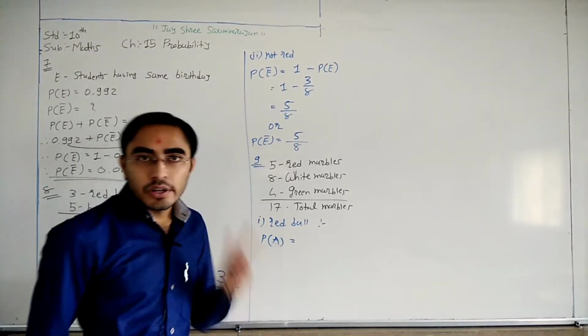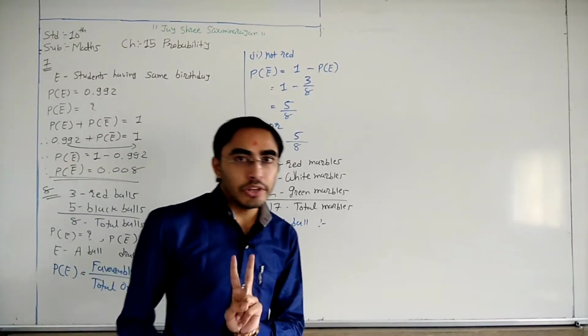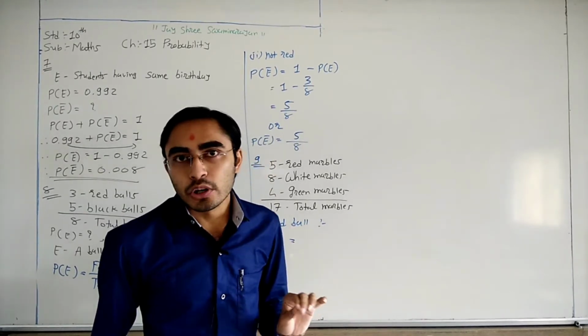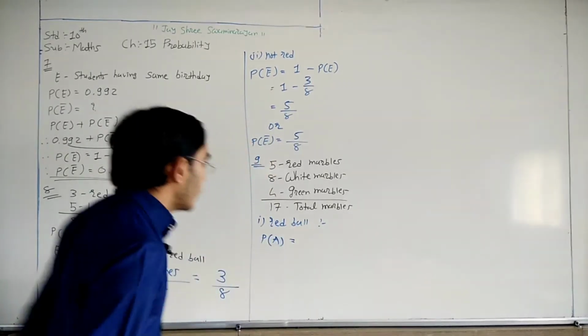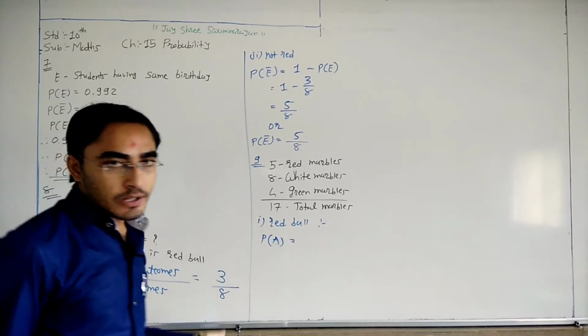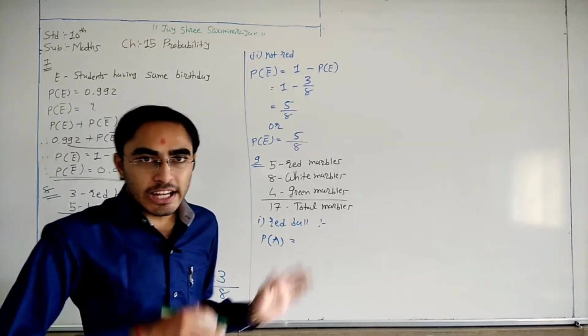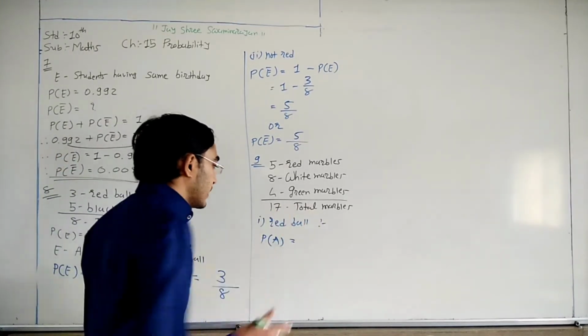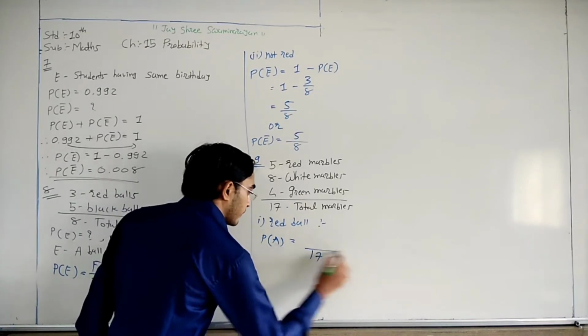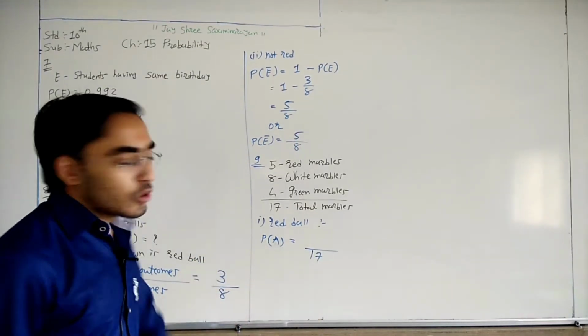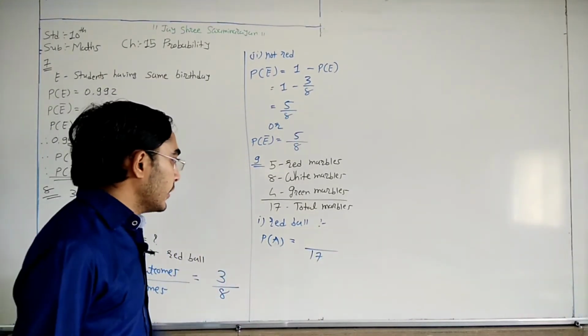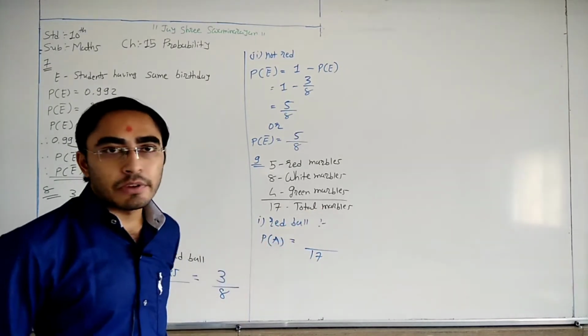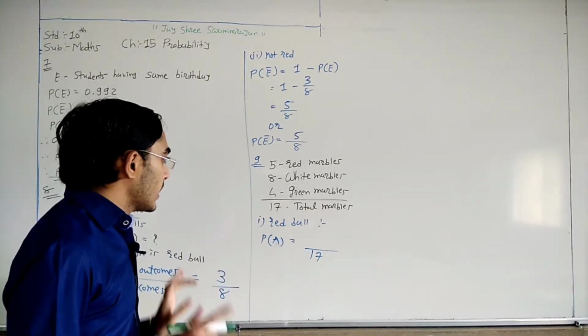Now here we need to think about the 2 things, favorable outcomes and total number of outcomes. Here our total number of outcomes means total marbles, that we have 17.